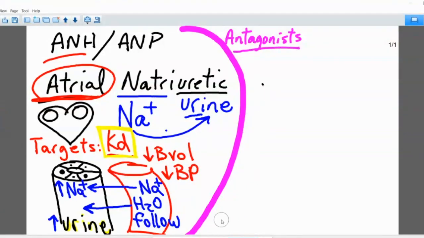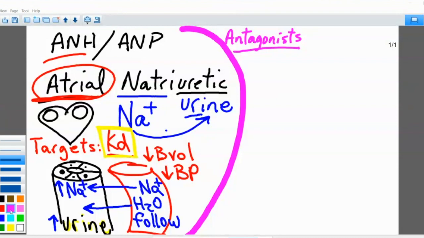Do you remember what antagonists mean? Opposites. Very good. Antagonists are the opposites. When we want to learn hormones that do the opposite, the easiest way to do it, and I know we have already mentioned this with insulin and glucagon, but I just want to remind you.